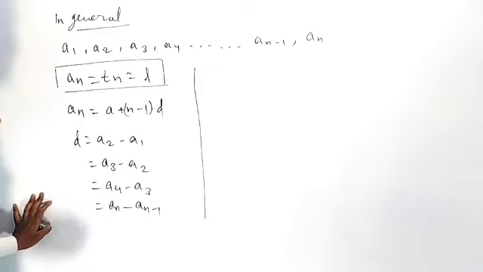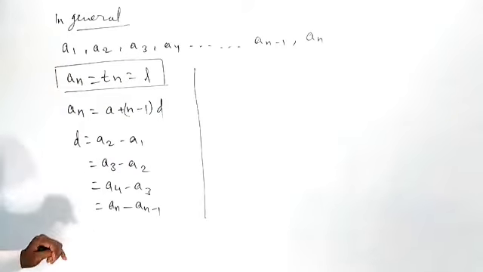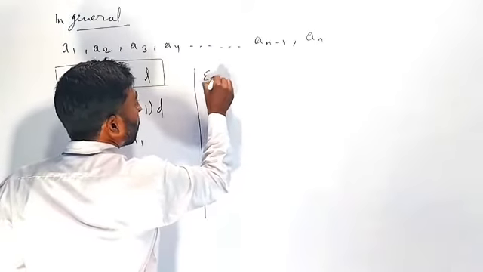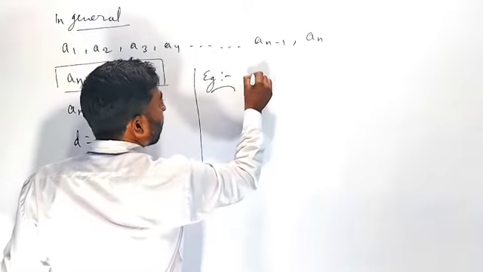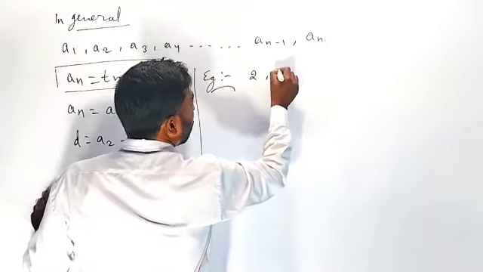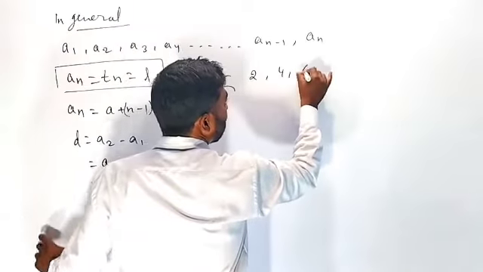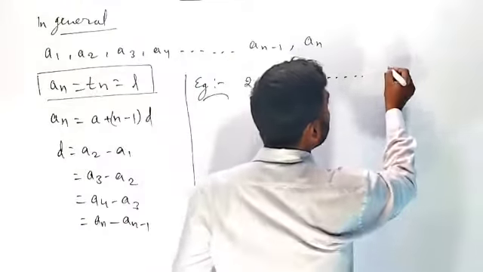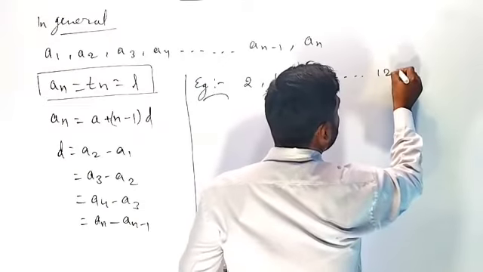At first we take an example of a sequence of even numbers. Let 2, 4, 6, dot dot dot up to 120.